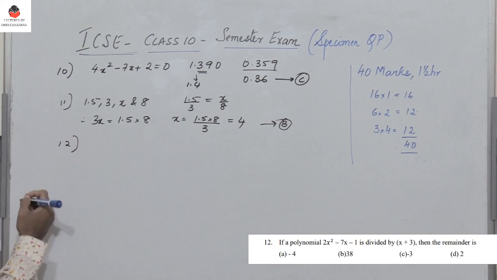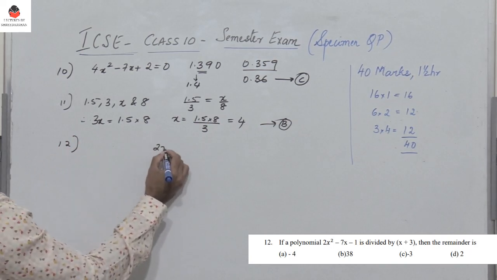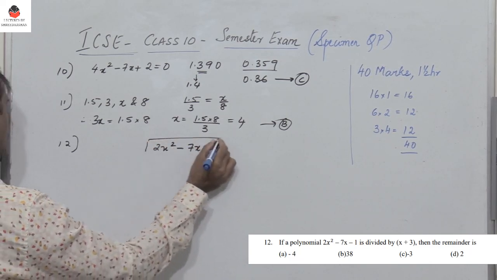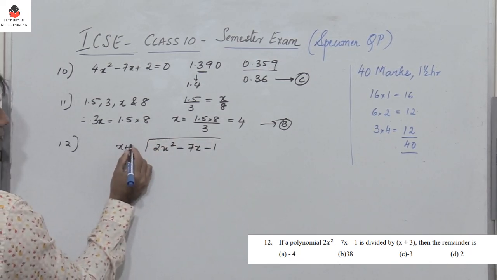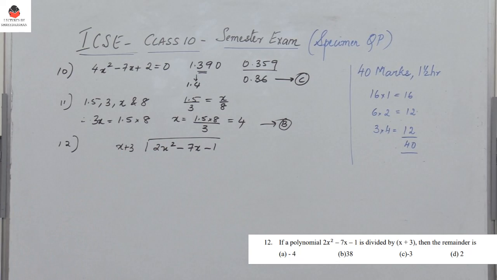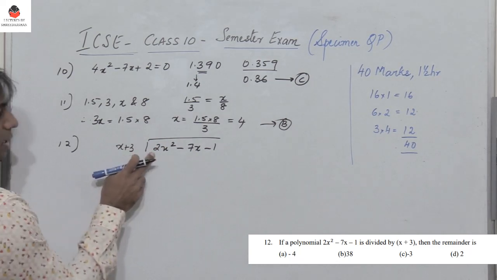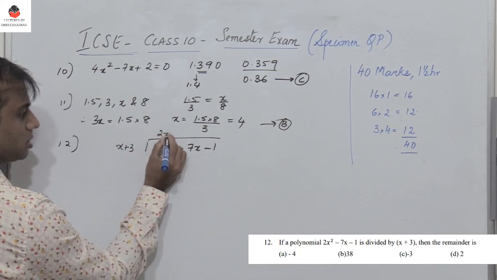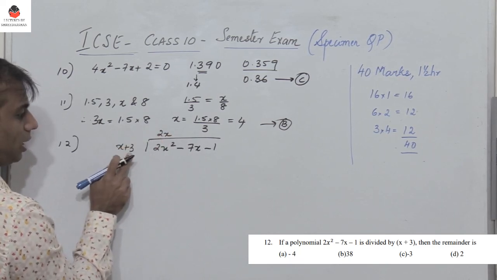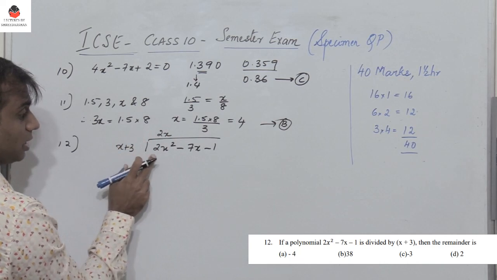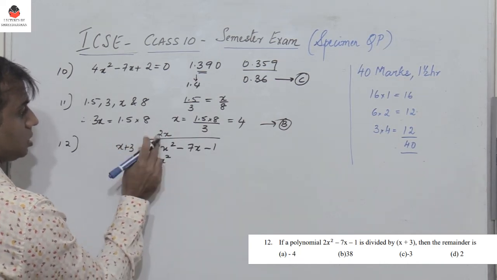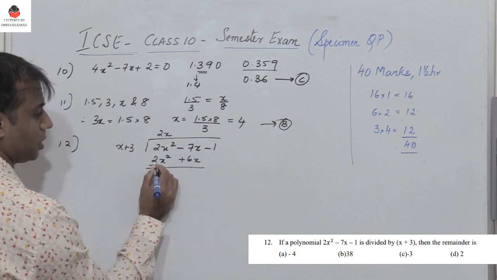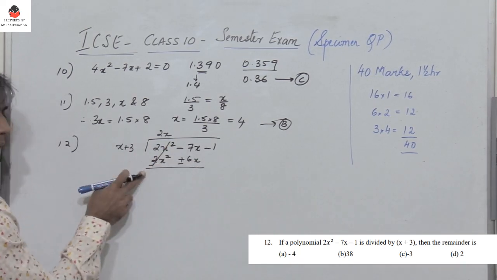12th one. If a polynomial 2x square minus 7x minus 1 is divided by x plus 3, then what is the remainder? So let us divide. I need to eliminate 2x square. So therefore multiply x plus 3 with 2x such that I get 2x square. 2x into 3 is plus 6x. Subtract. 2x square gets cancelled.